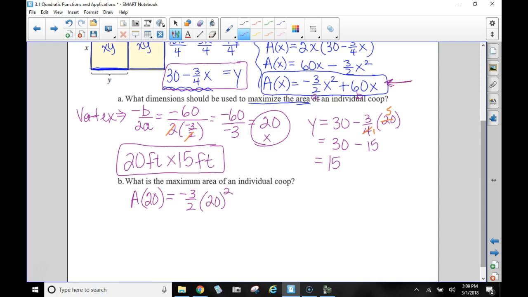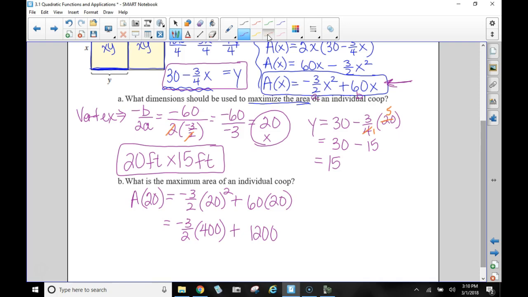I'm looking right up here is what I'm doing. And then plus 60 times 20. Okay? So this is going to be negative 3/2 times 400, which is the square of 20, plus 1200.